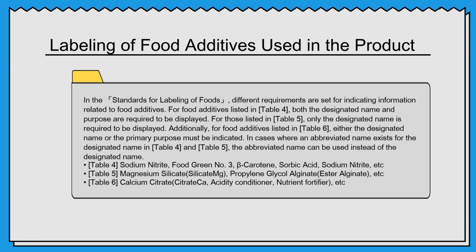Additionally, for food additives specified in Table 6, either the designated name or the primary purpose must be indicated. In cases where an abbreviated name exists for the designated name specified in Table 4 and Table 5, the abbreviated name can be used instead of the designated name.